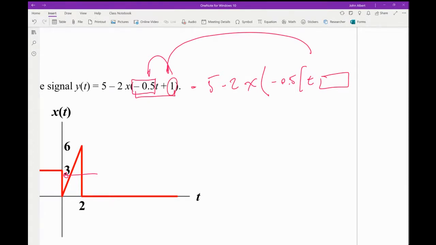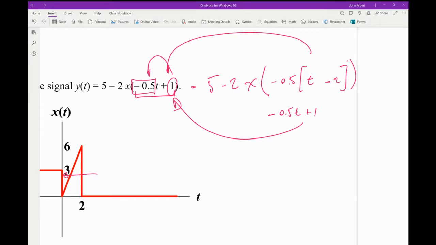Or basically think of it this way: take a minus 0.5 as common factor out of the 1. So clearly I will have to have minus 2 in there. And just to make sure that this is accurate, open the parentheses. I'll end up with minus 0.5 t, and the minus 0.5 multiplied by minus 2 will give me plus 1. So I'll end up with the same thing.